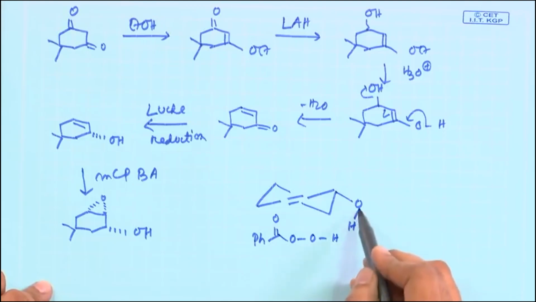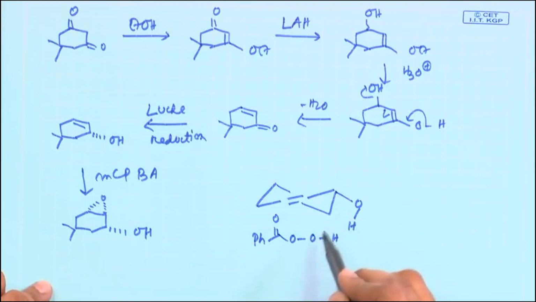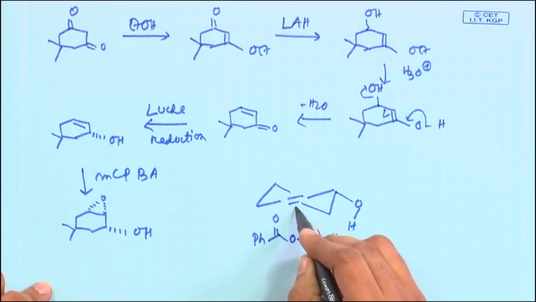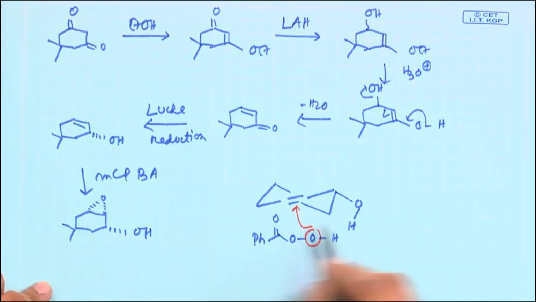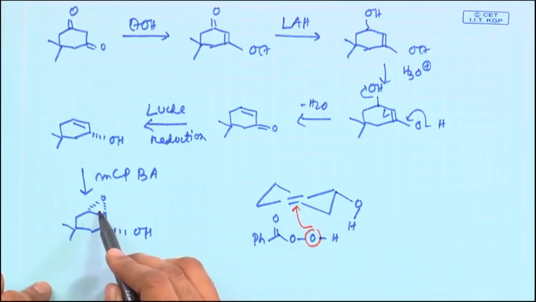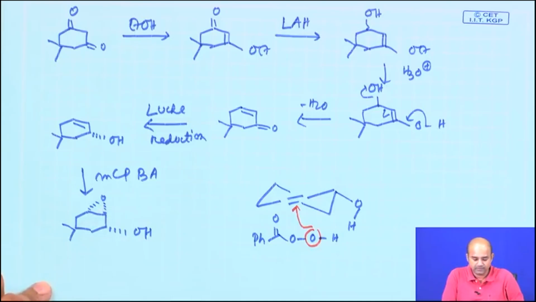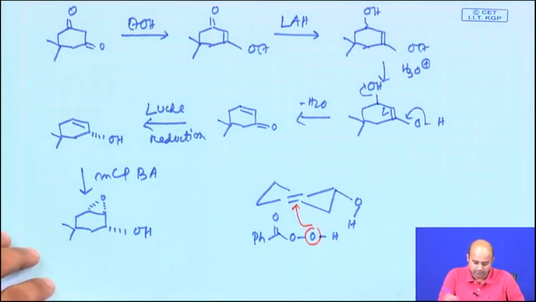So, this hydrogen bonding with this peracid basically helps this particular electron deficient oxygen to deliver to this pi face of the double bond through the bottom face. That is why, as the hydroxy is below, the epoxide will be below the plane. That was the main reaction.